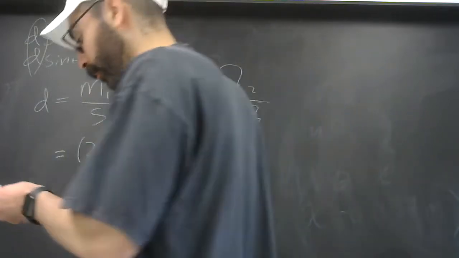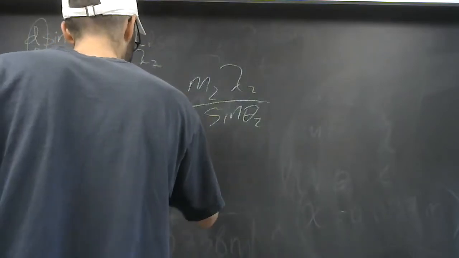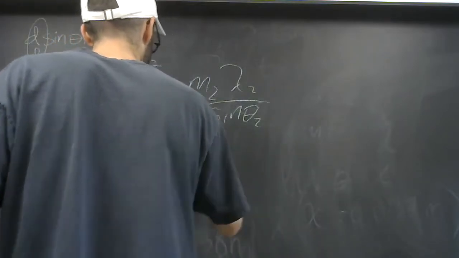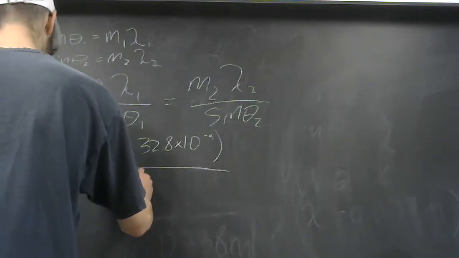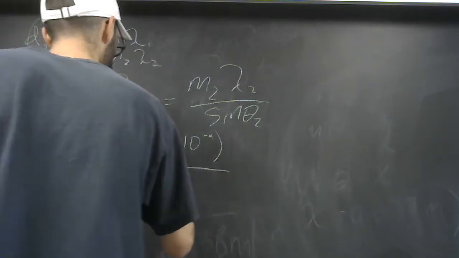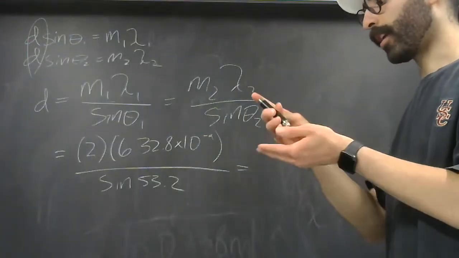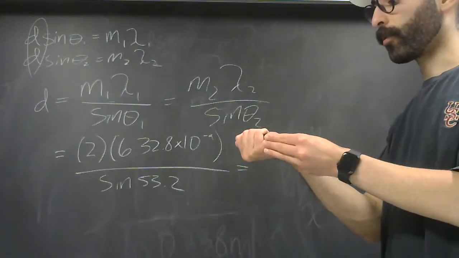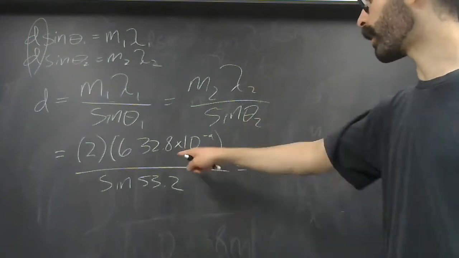And that wavelength there was 632.8 times 10 to the minus 9 divided by sine 53.2. So just be careful of that wording right there, because although it's the first scenario, we're actually dealing with the second order bright fringe with that wavelength.